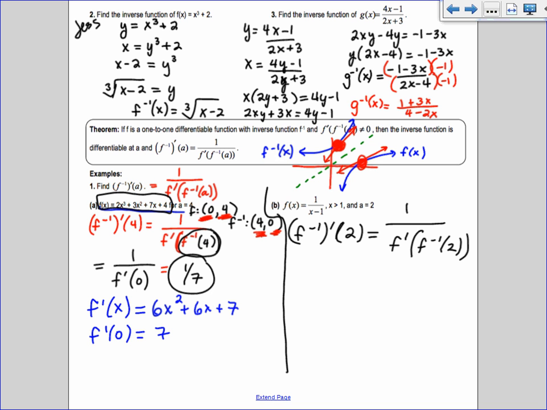I need to find f inverse of 2. For the inverse function, I want to plug in 2 and get some number. So for the original function, I want to plug in a number to get 2.